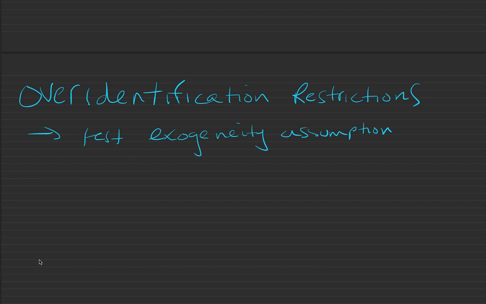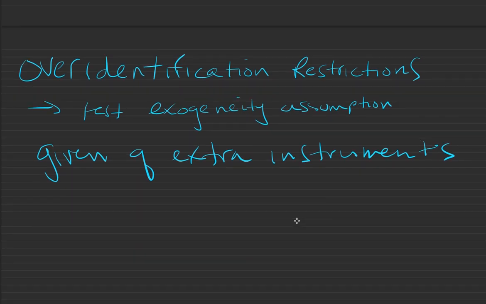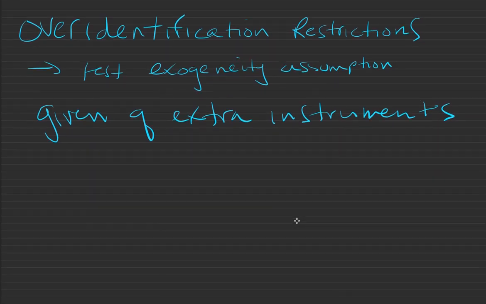So if we have Q extra instruments, we can do the following to test the exogeneity assumption.